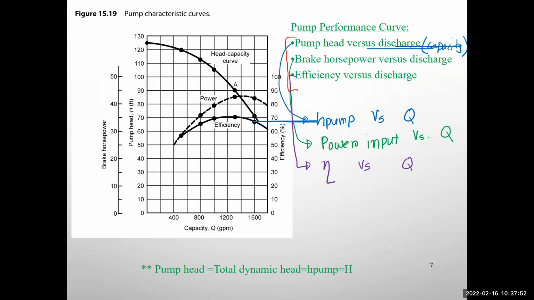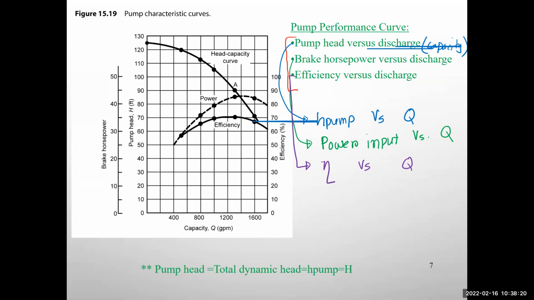And you can see here we have one pump head capacity curve, that is the first one. The next one is power. The next one is efficiency. You should notice this curve has two vertical axes. The efficiency is on the right side, so whenever we need to get any value for the efficiency, we will use the right axis.